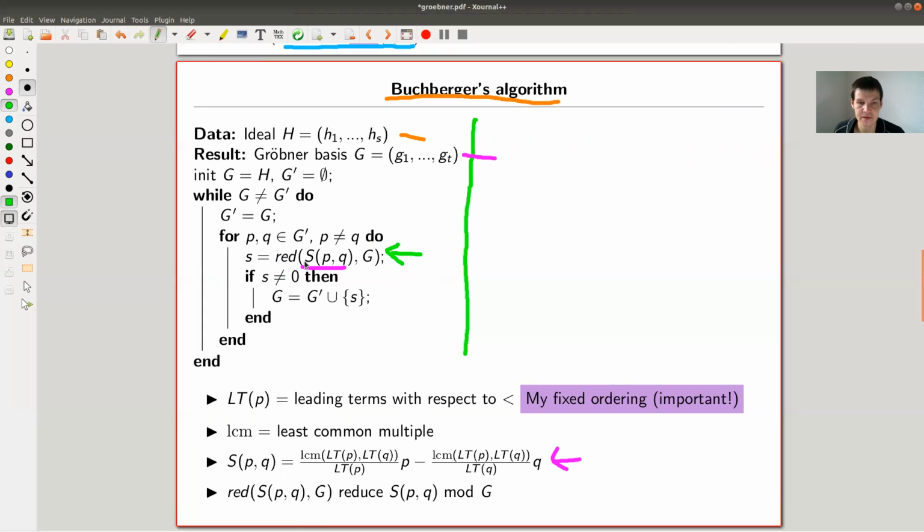So while G is not G prime, do blah, blah, blah, and in any step you check whether you have a new element that you can add, and then G gets bigger and bigger, and you just run the algorithm until it stops. And by something like Hilbert's basis theorem, you know that this algorithm will eventually terminate. So let's have a look at the very easy Mathematica demonstration, which is also linked in the description.